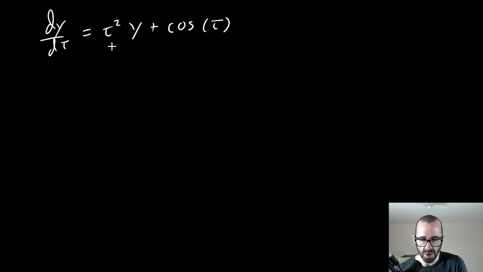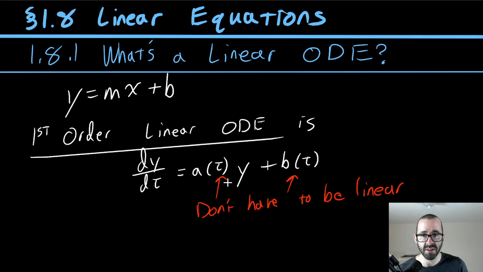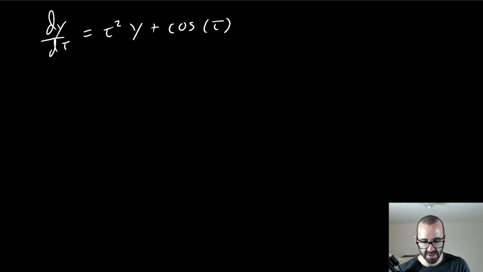So we could have dy/dt equals t squared y plus cosine of t. Again, cosine and t squared are not linear functions, but it matches the form: a function of t times y plus a function of t. Right, here is our a of t, and here is our b of t.